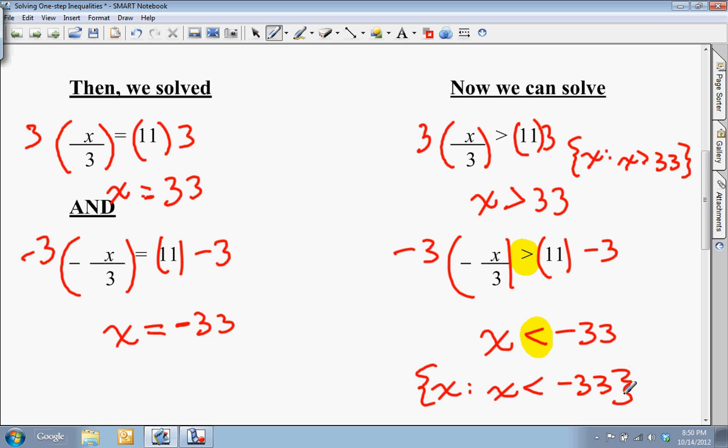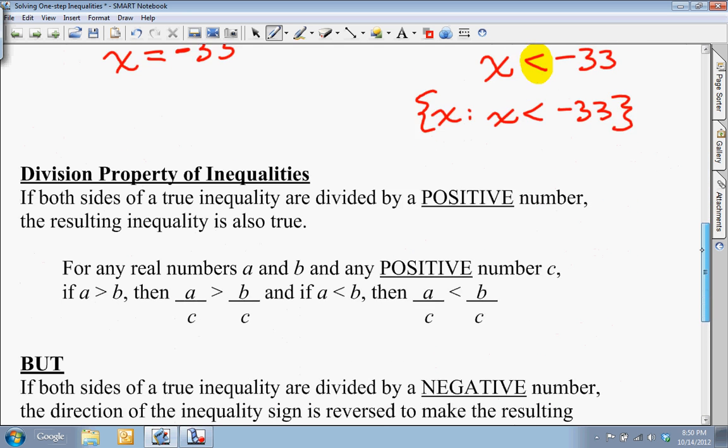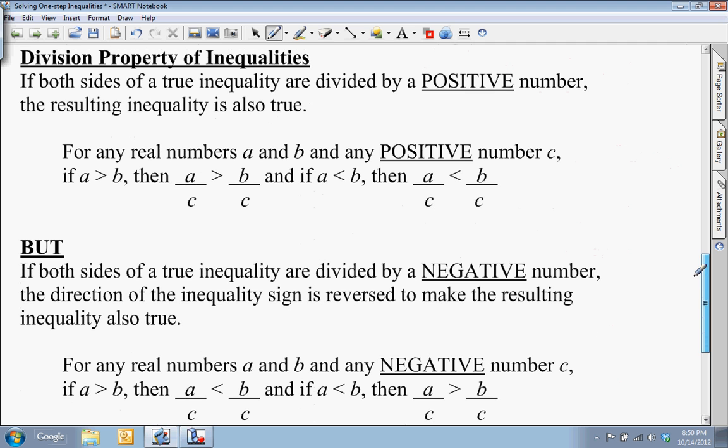And that rule of multiplying by a negative number and flipping the inequality also applies to division. Really, nothing changes when we divide by a positive number. The signs will stay the same. So if a is greater than b and we divide both sides by c, it's still going to be greater. Or if it's less than and we divide by a positive number c, the sign will remain less than.